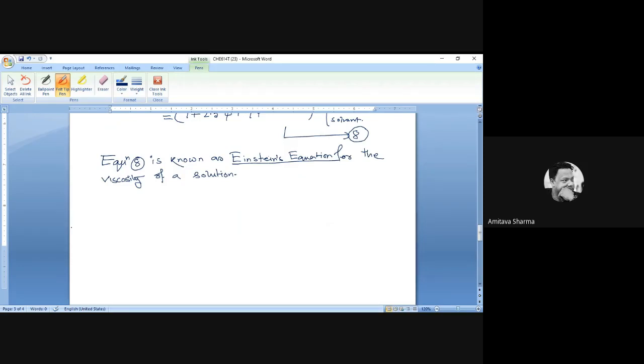So viscosity of a polymer solution. Now, while dealing with a polymer solution, the solute concentration is usually expressed in terms of mass per unit volume.